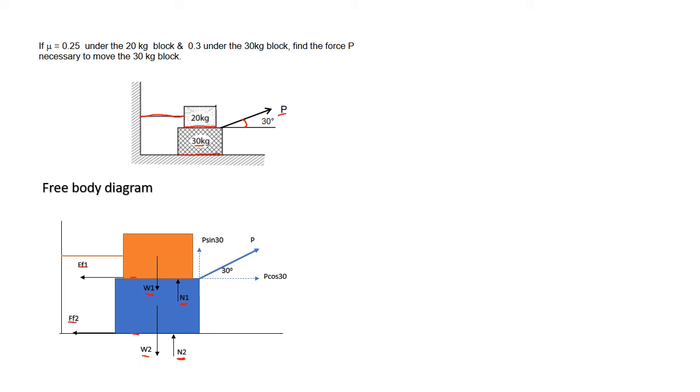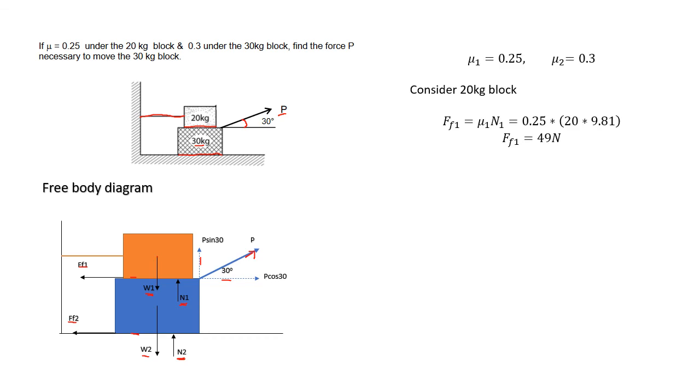And here is the force that's pulling the bottom block out, and we got the vertical and horizontal components. Now we were given mu1 and mu2. Mu1 would be the coefficient between the two bodies, and mu2 is the coefficient between the combined bodies and the surface, this horizontal surface.